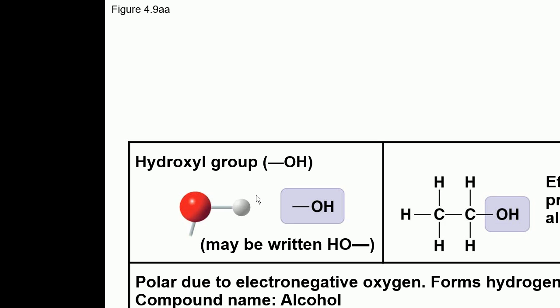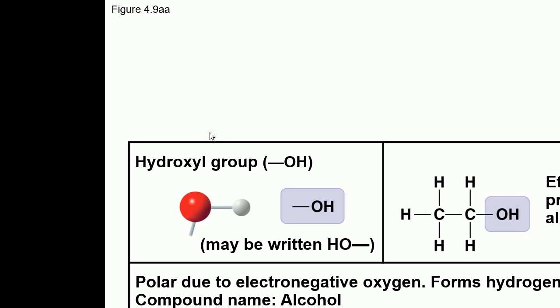We have already discussed in chapter number 2 why oxygen is electronegative, because it has a tendency to pull the electrons towards itself, because its nucleus is positively charged, because it has 8 protons. So wherever you see this oxygen, you can always figure out that this compound or this functional group is a polar functional group or polar compound because of the presence of oxygen, because oxygen is electronegative.